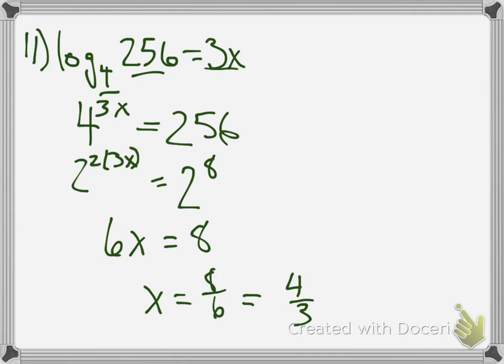So how can you do this a little bit easier on the calculator? Well, you can type log base 4 of 256 in the calculator. When you do that, I believe it's going to tell you the answer is 4. So you're saying 4 is equal to 3x.